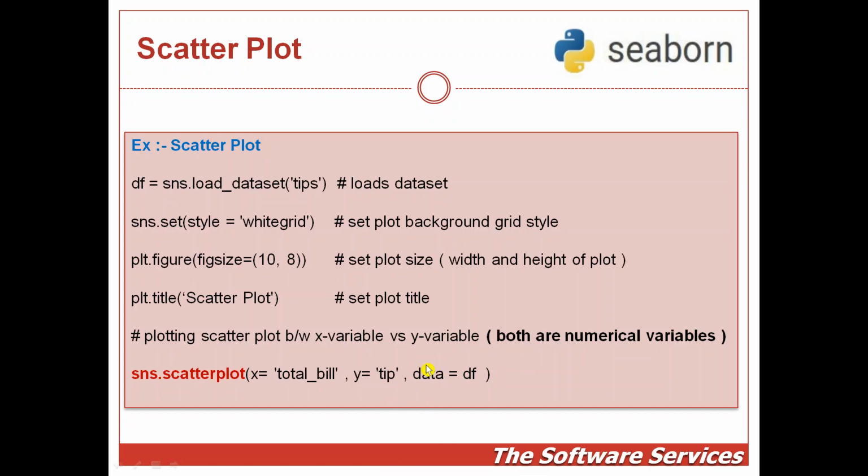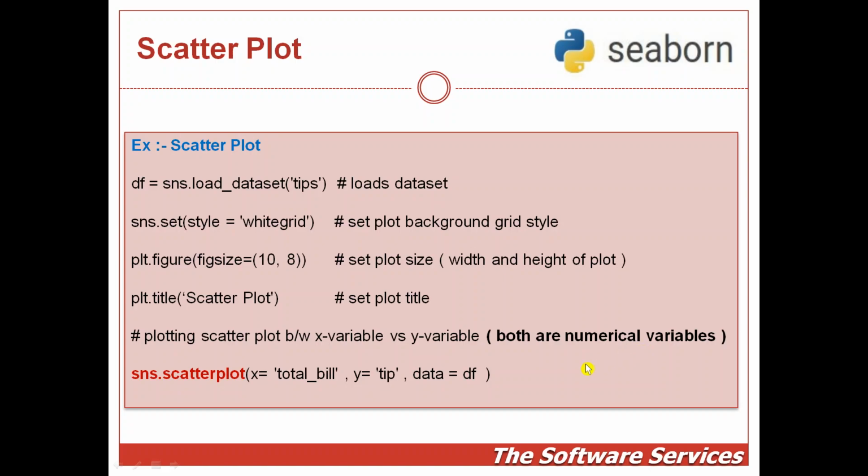These two columns are available in the df, that means in this variable the tips data set is available. So we are asking the SNS library to plot between these two numerical variables, of which plot, scatter plot.